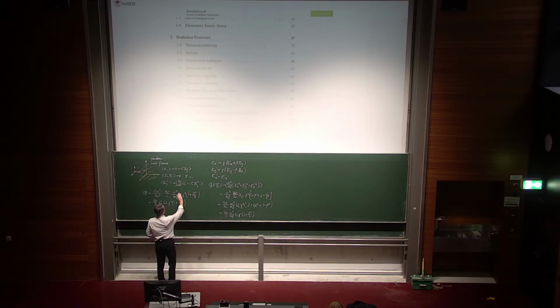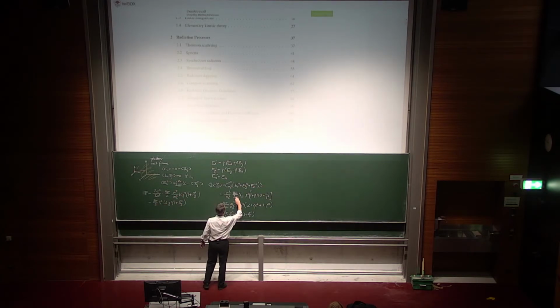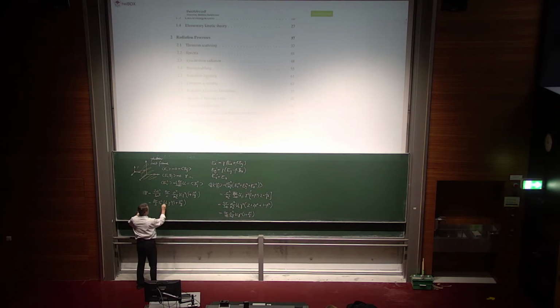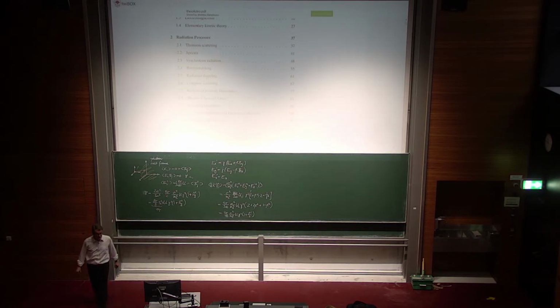I made a mistake here. This c does not appear. Sorry. And then we get a factor of c here. We have the Thomson cross-section again. And this is the result that I want to close with, and now I have to run away.